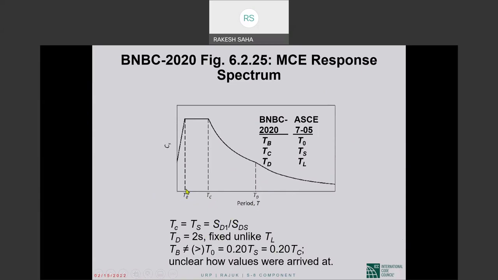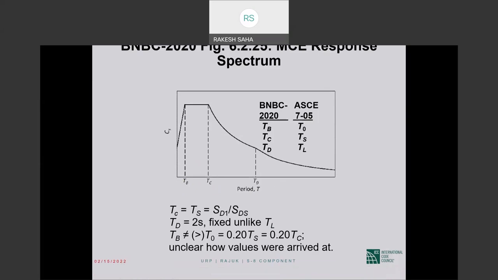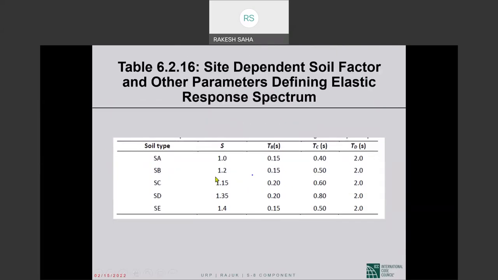The T sub B is not the same as T sub 0 of ASCE 7. It is different, and I don't exactly know how T sub B was derived, but in any case, it defines the spectrum, and the values of T sub B, T sub C are given to you in this table in BNBC.